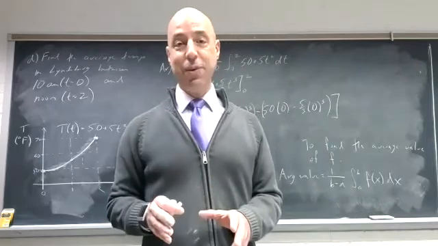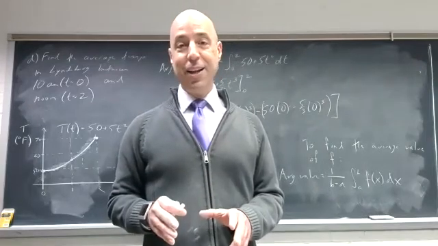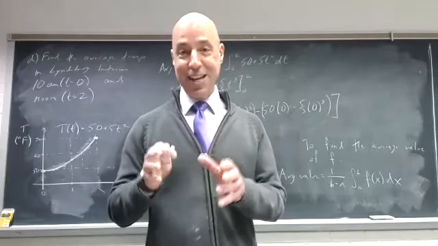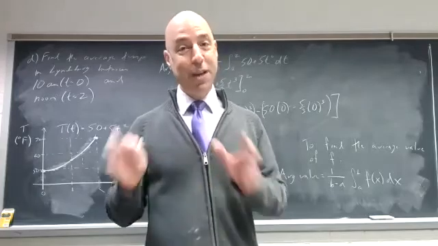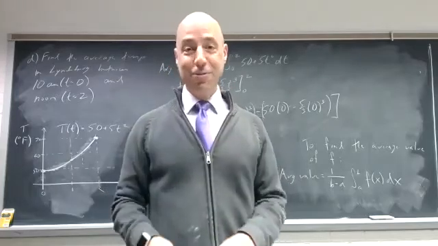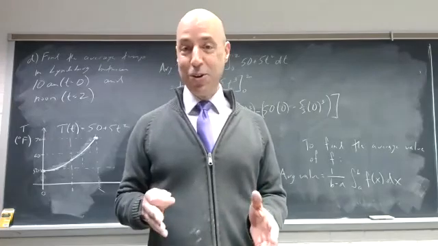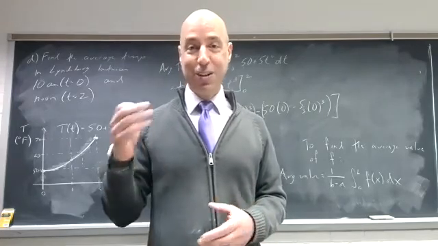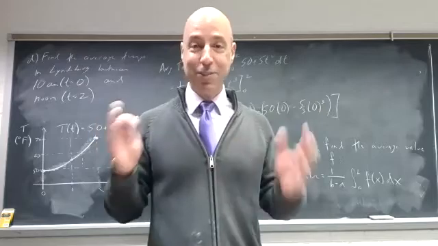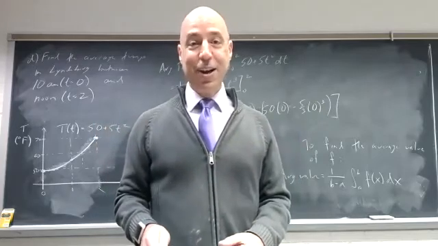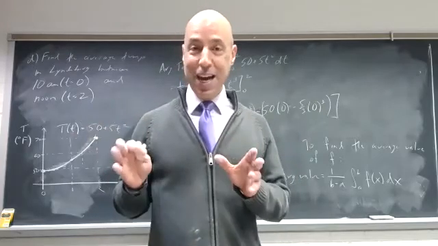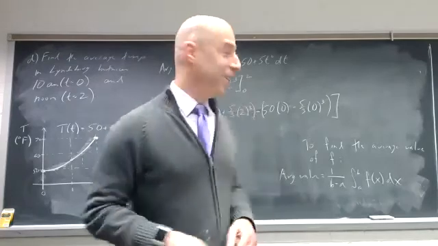Based on my past experience, it doesn't seem to matter how many times I say that. There'll be some people, hopefully not you, on the final exam who will still just take the value of the function at the beginning and the value of the function at the end and add them up and divide by 2. So assuming that there may be people that do that, don't let it be you. So use this instead.